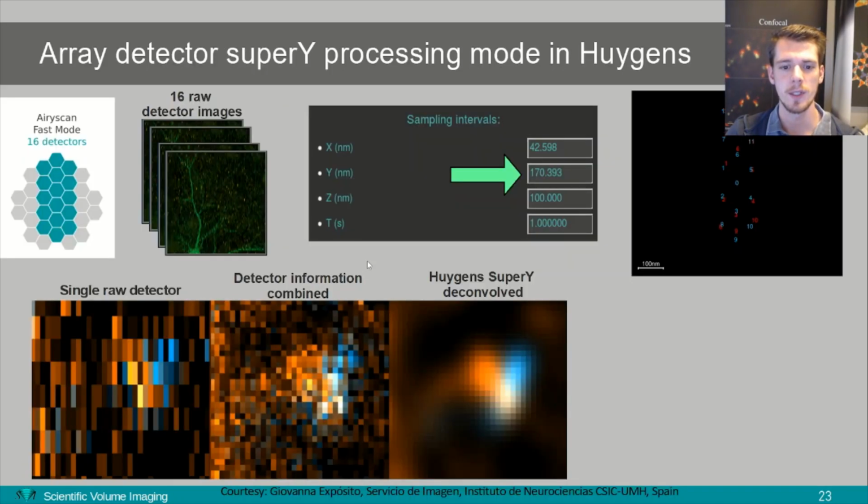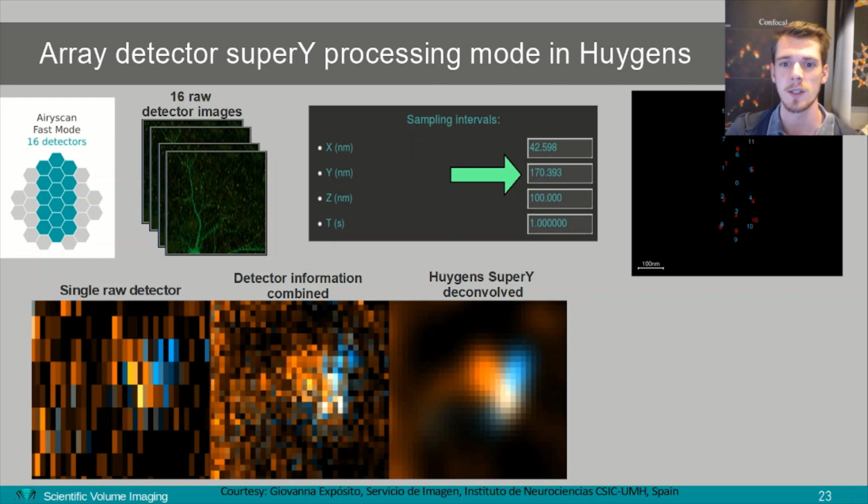Here we see a zoomed in region of an ArrayScan fast image. Note the elongated pixels in one of the separate raw detector images. As I mentioned, this is because the information of the pixels is mostly captured in the central vertical line of 4 detectors during acquisition.